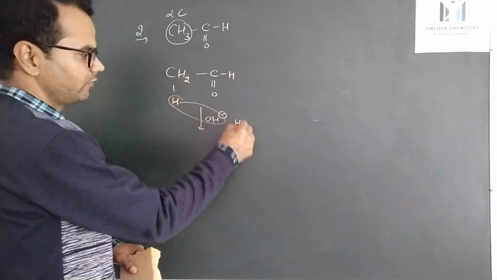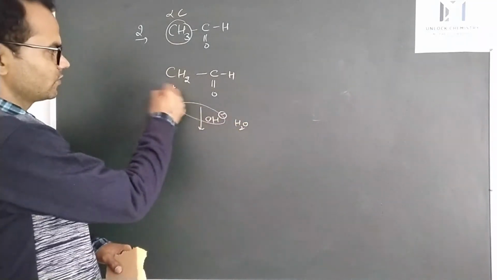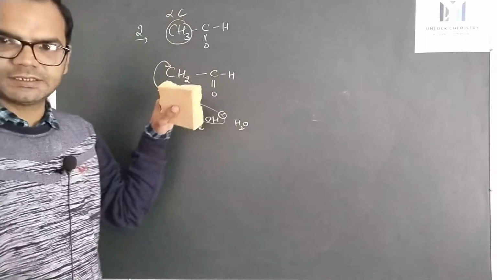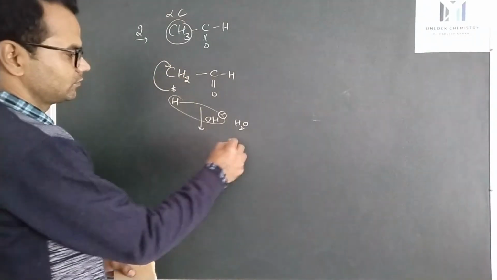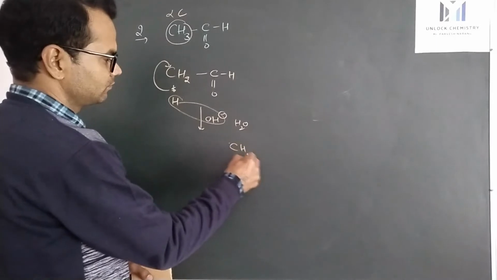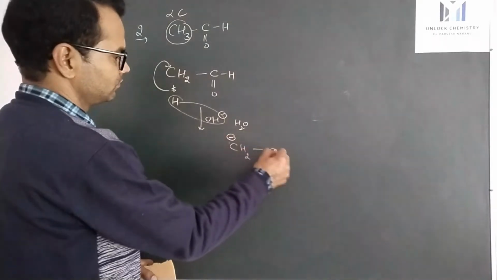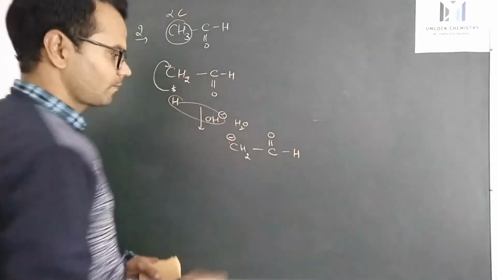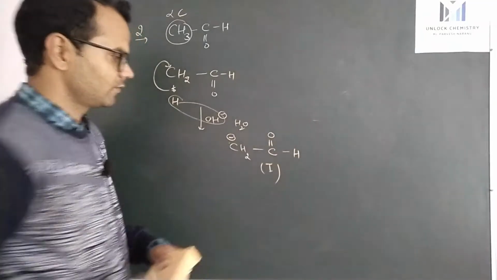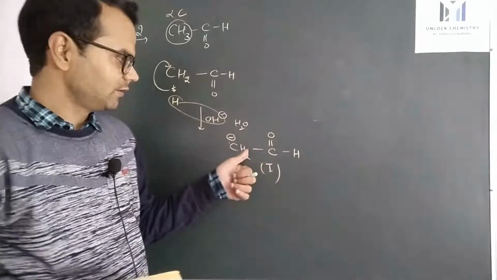As a result, water will form and these 2 electrons will shift to carbon. As a result, negative charge will arise on carbon. So this is our first intermediate.